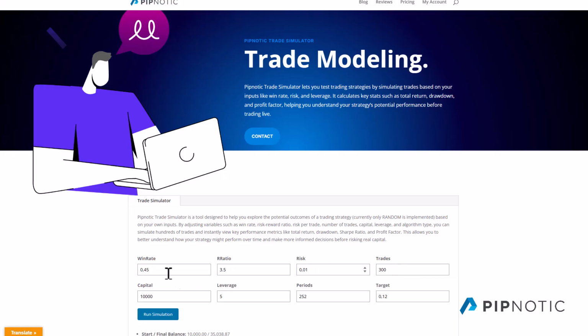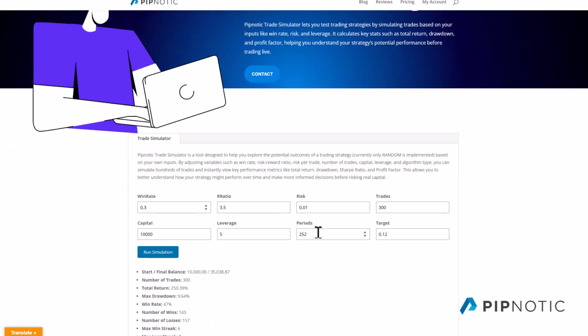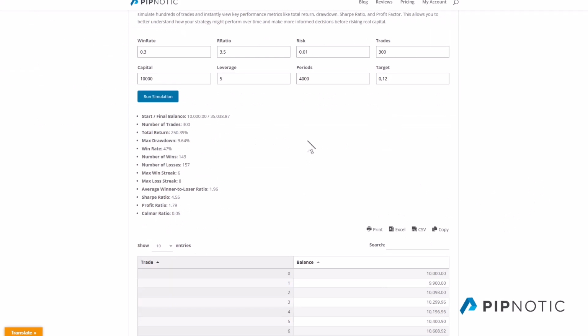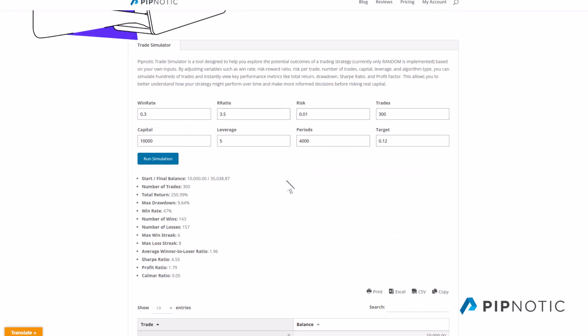We have 300 trades, and we don't know what the win rate is until this simulation is done, but let's assume that it's pretty low. Let's say 30%. We're on the hourly chart, so we can assume that we're getting roughly 4,000 periods to be used for annual returns, and let's say our target is 12%. So let's just run this.